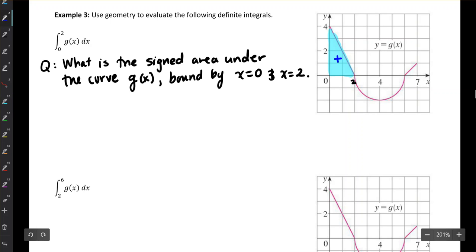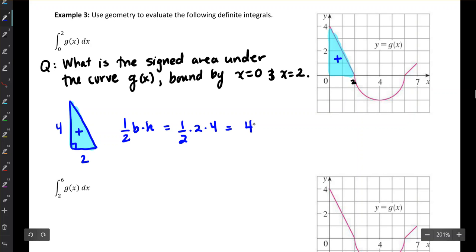All right, so notice that that's a right triangle. The base has length 2, and the height is length 4. The area of this guy, remember it's 1/2 base times height, 1/2 times 2 times 4, which is just 4.